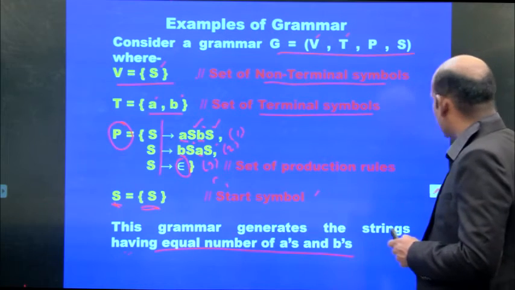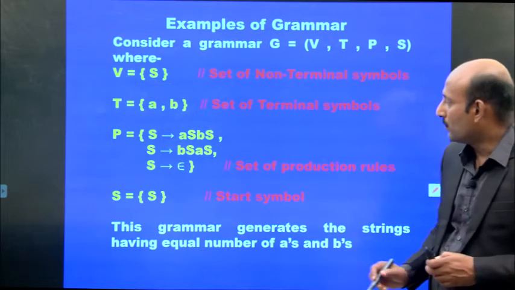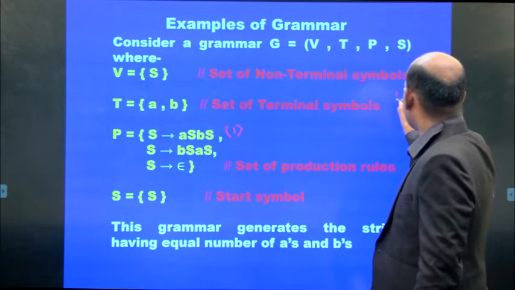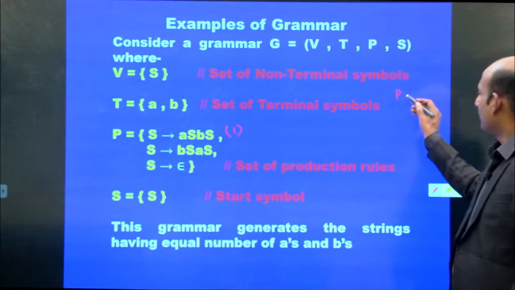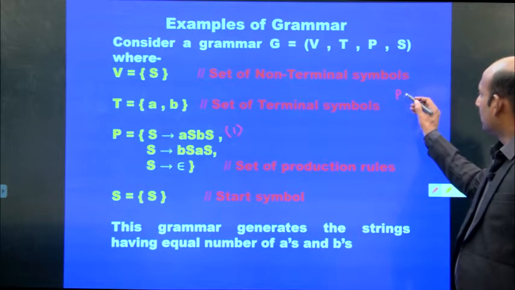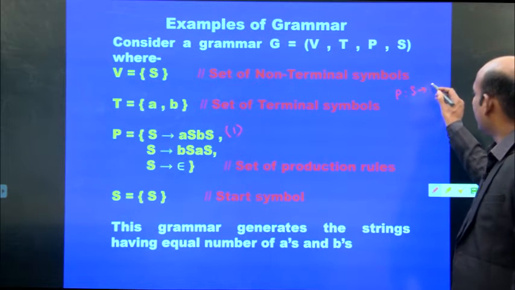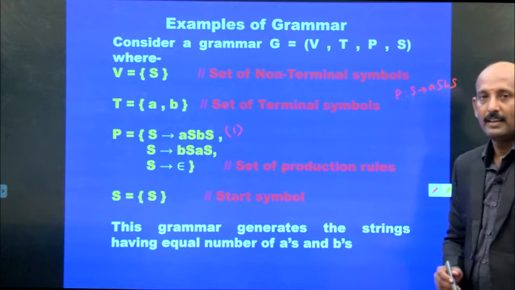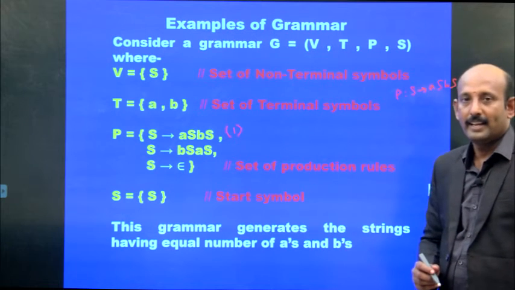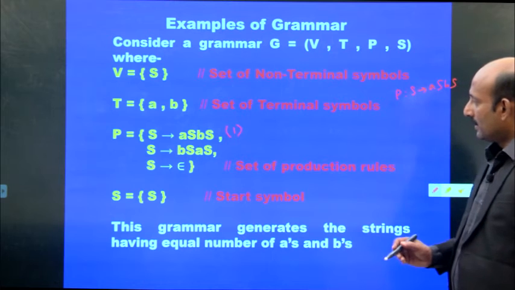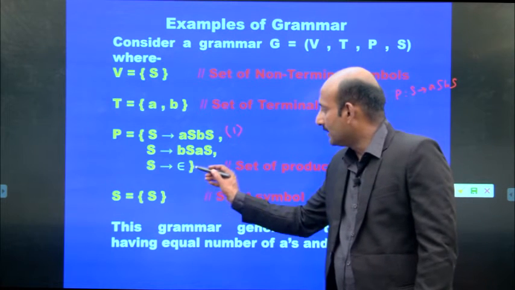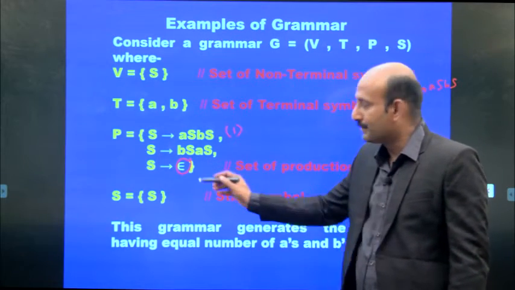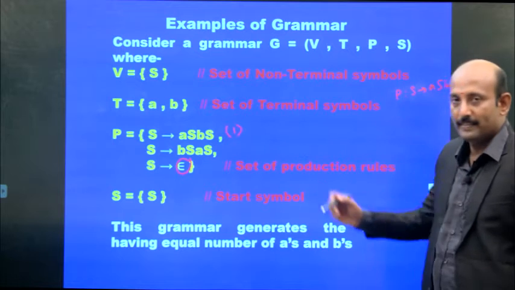Now let's see production number 1: S gives aSbS. We have the third production, which is epsilon, so we can substitute this epsilon into production number 1.